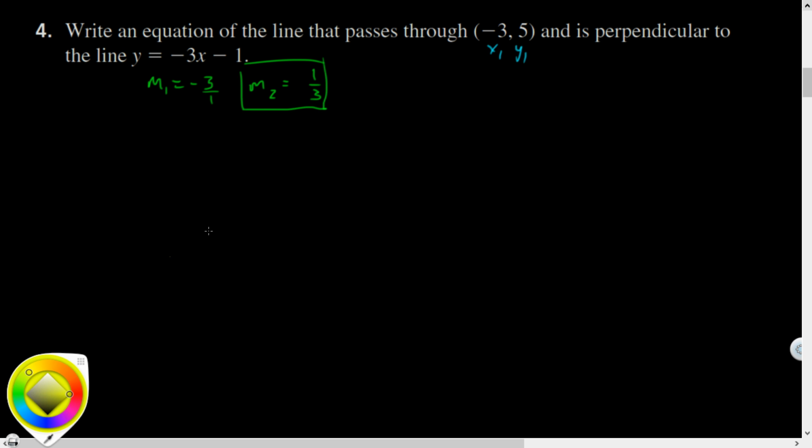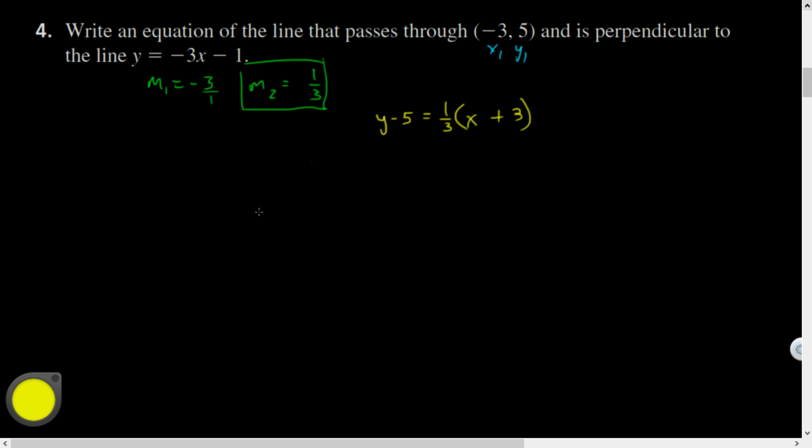So let's plug this into point slope form. y minus 5 equals 1/3 parentheses x plus 3. Remember, my friends, that this is the opposite and the opposite of both of those, so that way you don't mix up your double negatives.